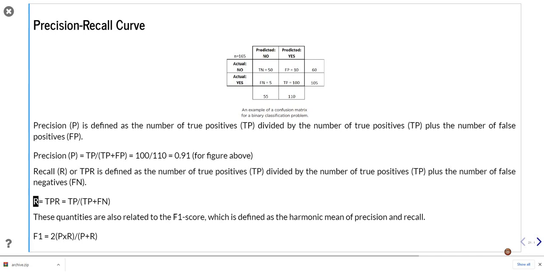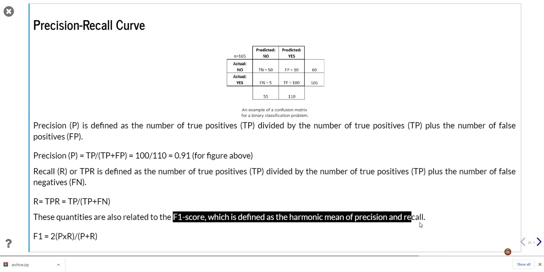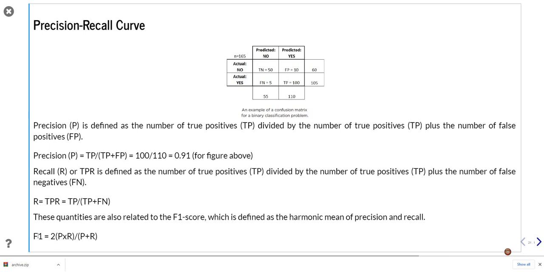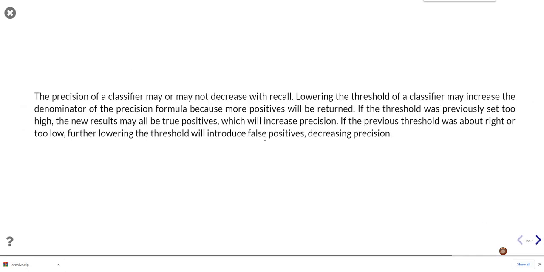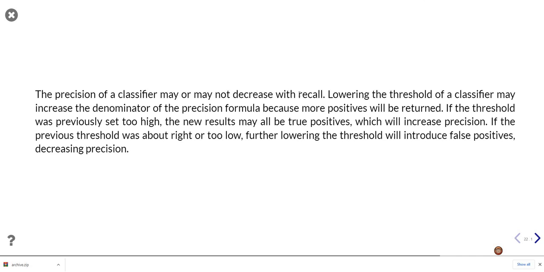So these quantities are also related to the F1 score, which is defined as the harmonic mean of precision and recall. Most of the time we don't really use this F1 score, but it is nothing but a metric of precision and also recall. So the precision of a classifier may or may not decrease with the recall.